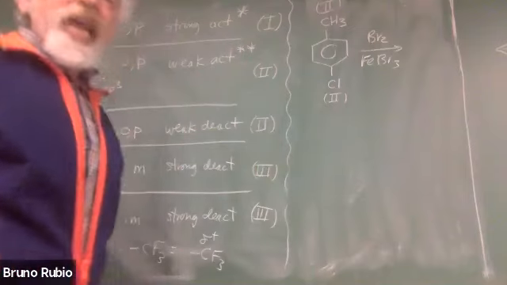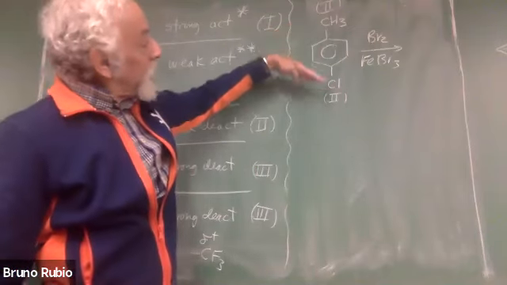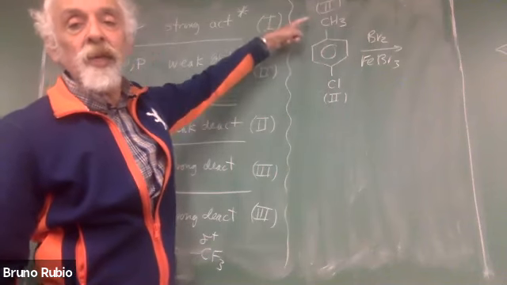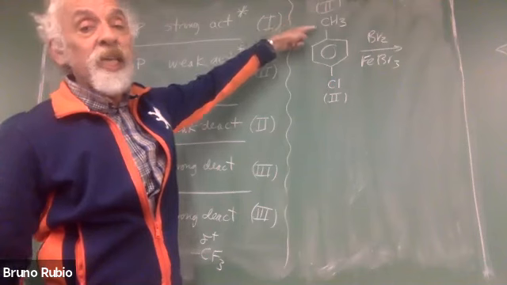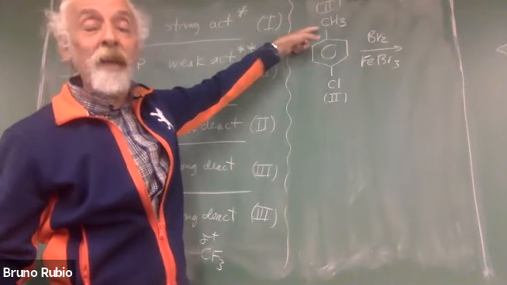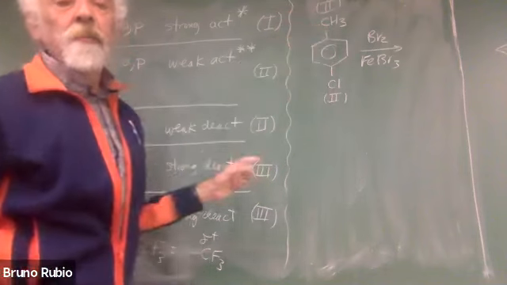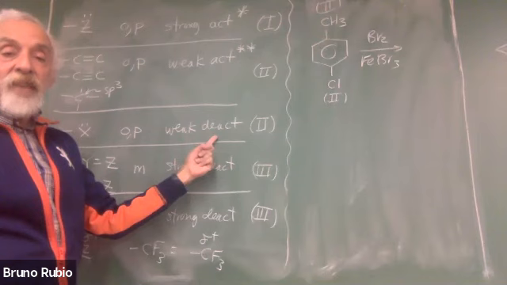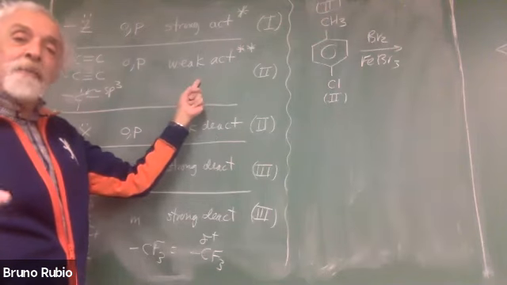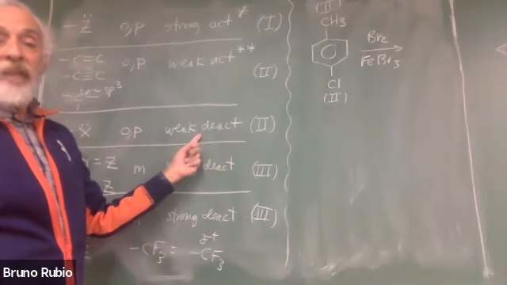Now, it would be nice. This is a weak activator. This is a weak deactivator. It would be nice if this guy had everything to say about what happens next, but that is just not how it works. Because the weak activators are not that much more reactive than the weak deactivators.